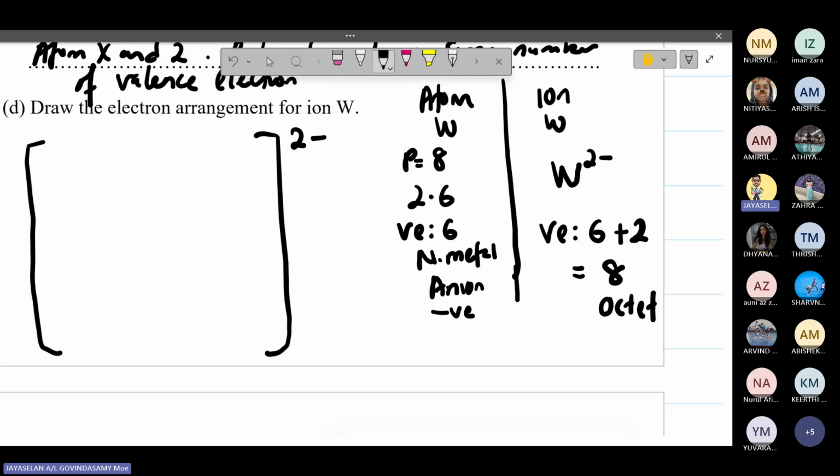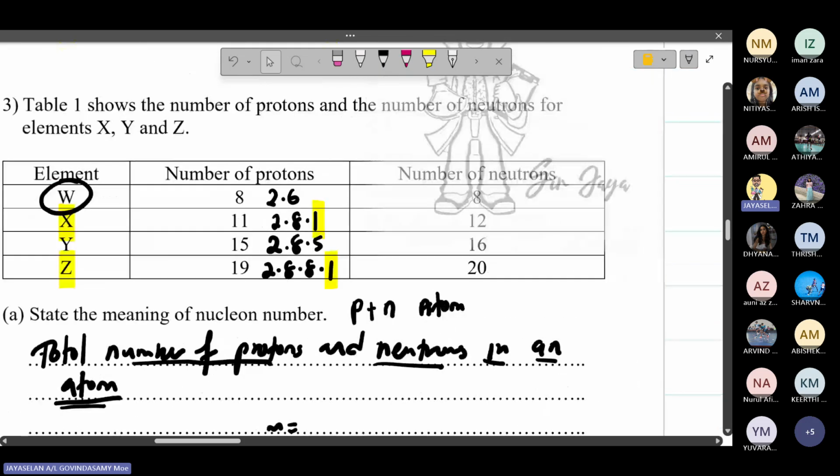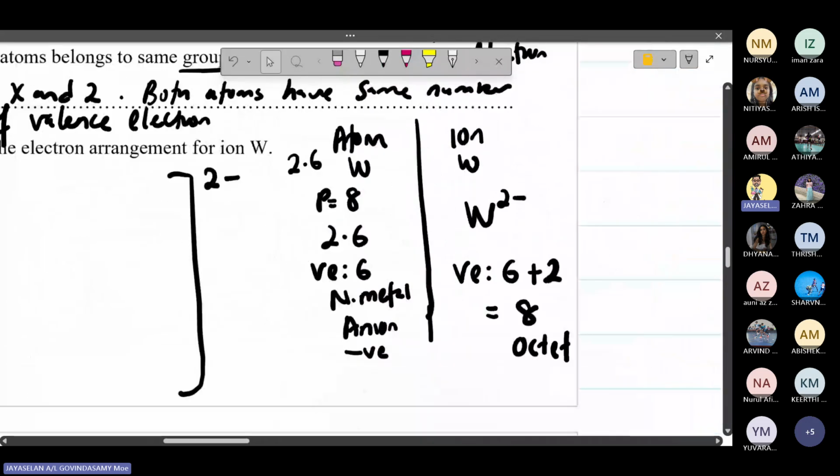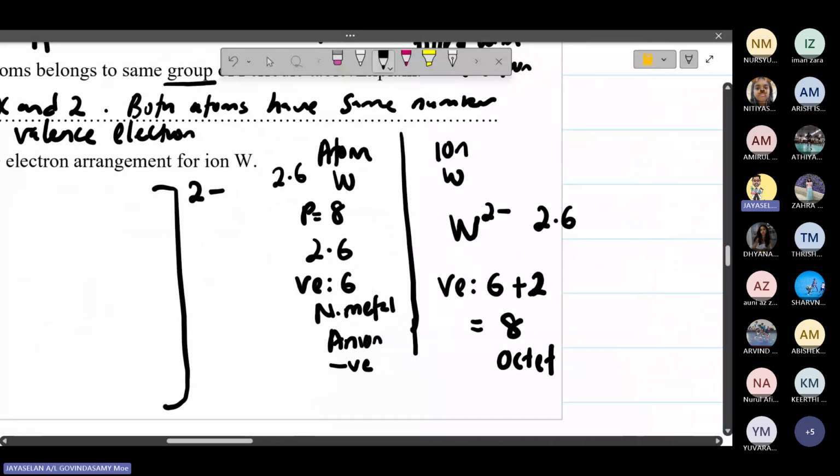What is the electron arrangement of this atom? Atom 2.6, right? You already wrote 2.6 earlier. So here, what is the electron arrangement of this ion? 2.6 plus 2, it accepts 2 electron, right?